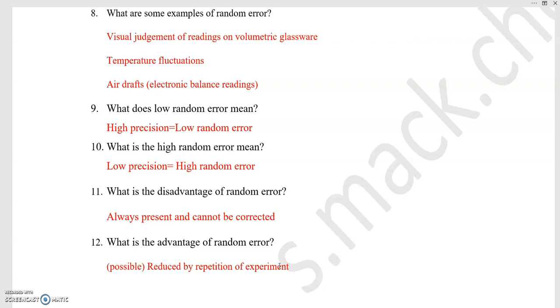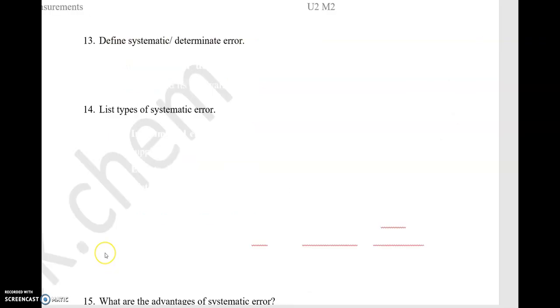Random error can be reduced in an experiment. So once again, random error can be reduced by repeating an experiment, for example, repeating a titration. So the precision of an experiment can be improved.